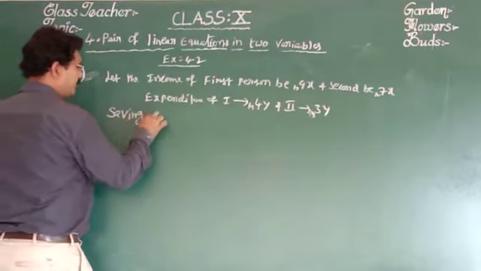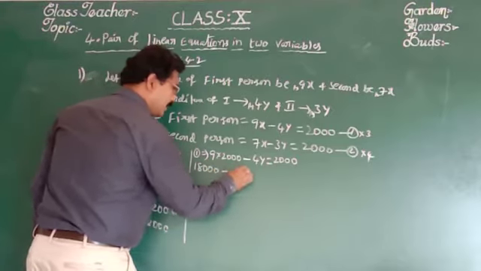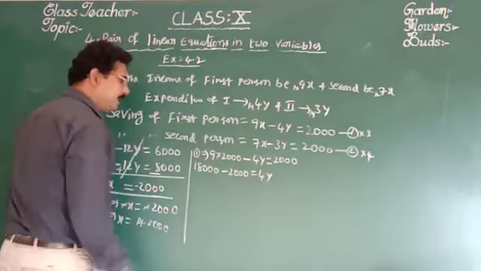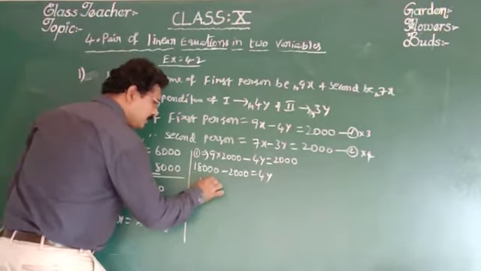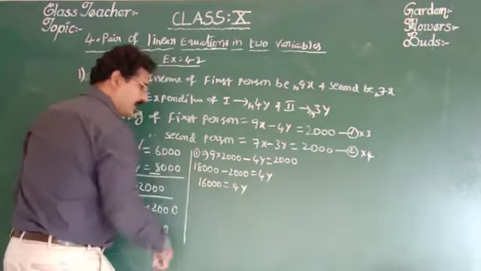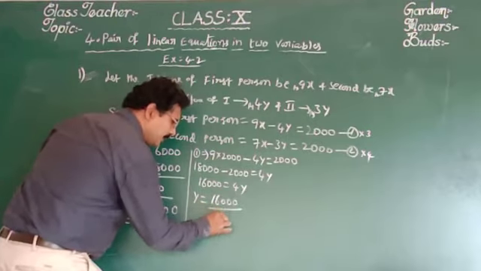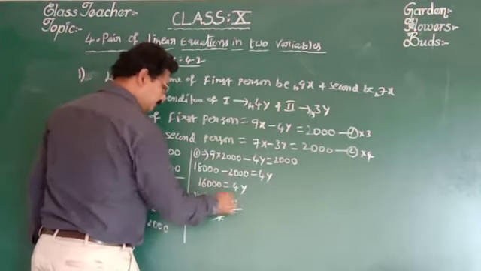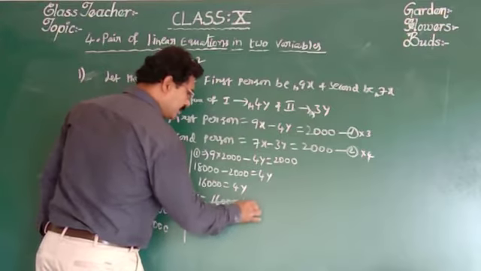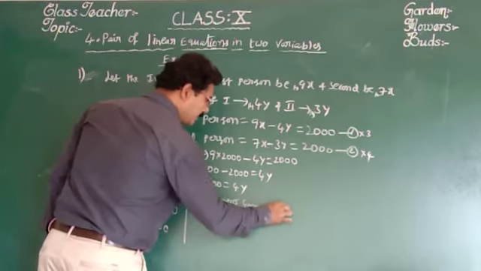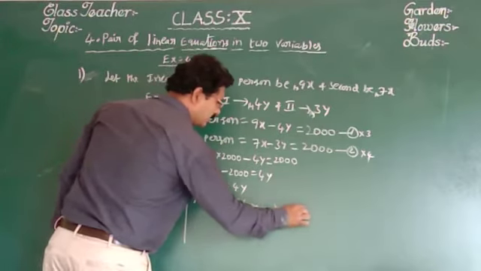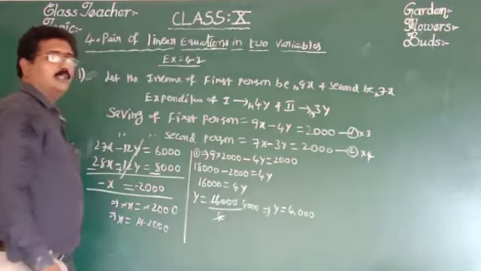Now 9 2s are 18,000 minus 2000 is equal to 4y. 18 minus 2, 16,000 is equal to 4y. Y is equal to 16,000 by 4, that is 4,000. That implies y is equal to 4,000. This is the expenditure.